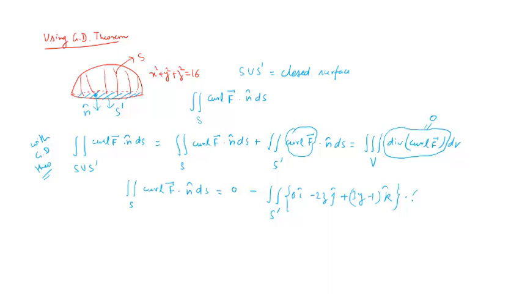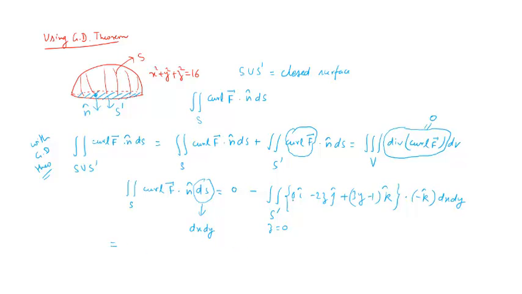And since the surface S dash is in the xy plane, we can write dS is equal to dx dy. We have to put the limits now. The value of z is 0 in S dash, so in place of z we can write 0.